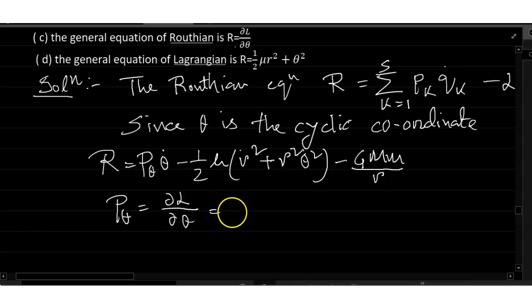This is the canonical equation: μ r² θ̇ equals a constant.